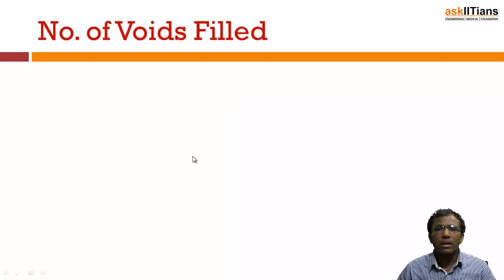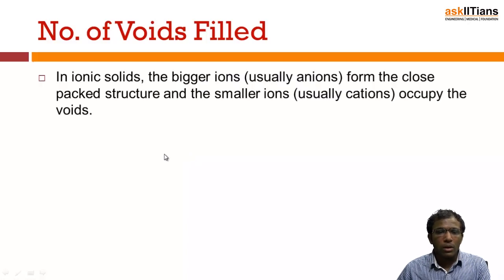So let's start. Now let's understand more about tetrahedral voids and octahedral voids. How do we locate them? Number of voids filled. Whenever packing takes place in ionic solids, the bigger ions, usually anions, form the close packed structure, and the smaller ions, usually cations, occupy the voids.